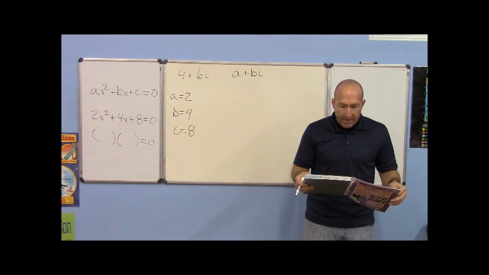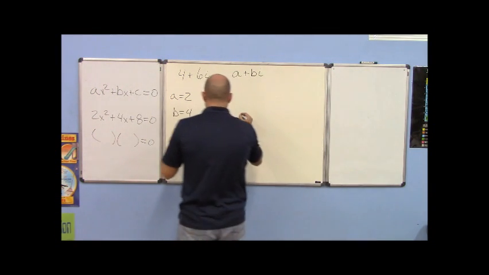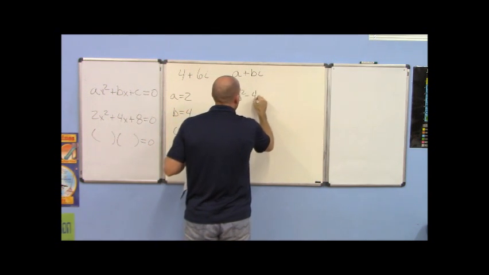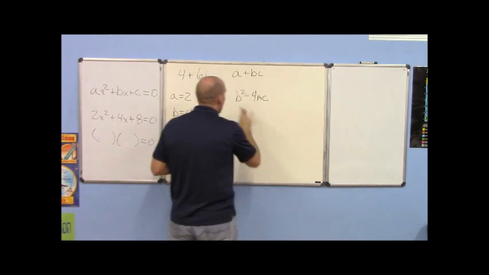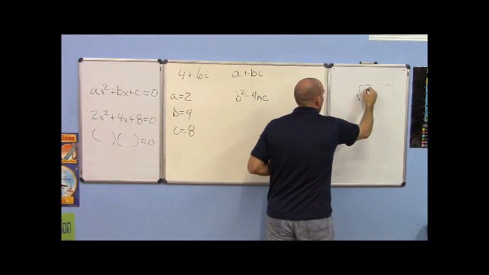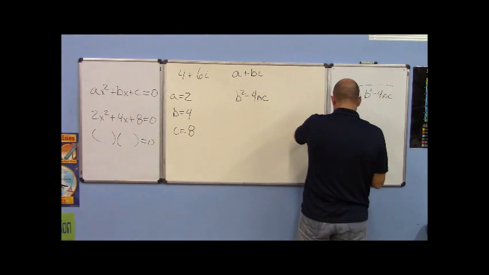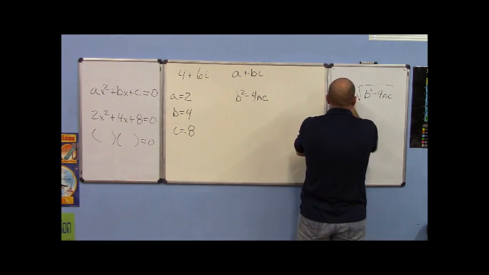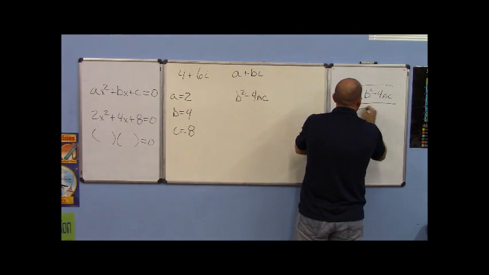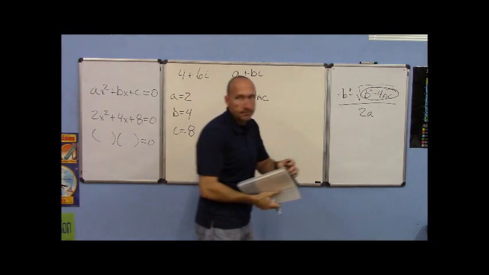Okay? Now, what we're going to focus on is the radicand. This part, b squared minus 4ac, the part that is inside here. We're focusing on this part right there.